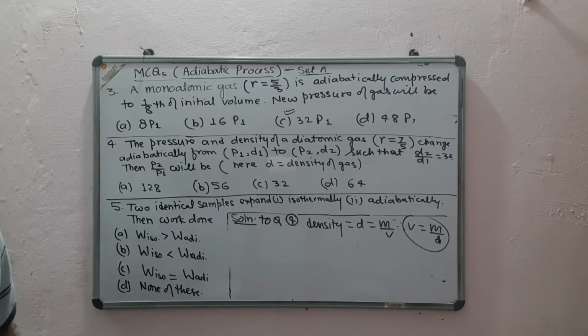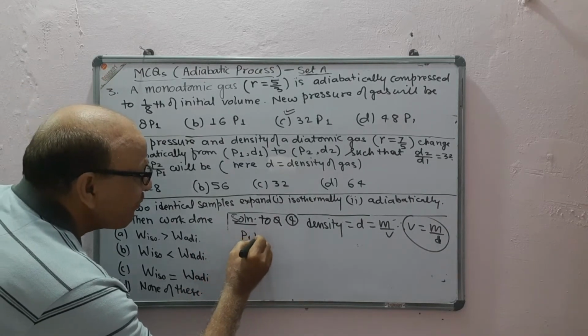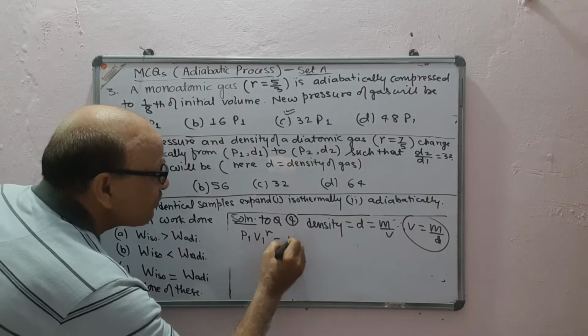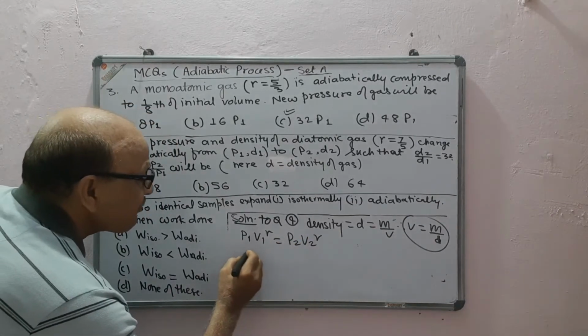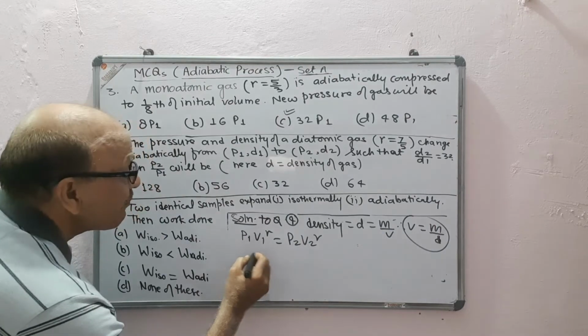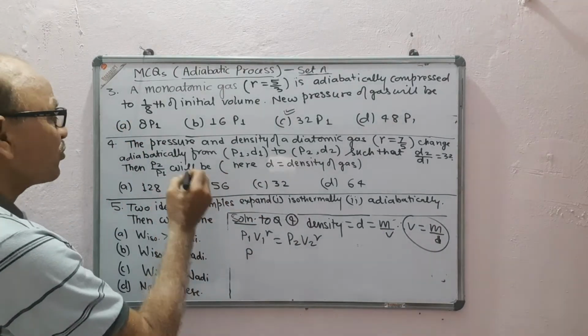Now, we can use P1 V1 to the power gamma is equal to P2 V2 to the power gamma, and we have to find P2 upon P1.